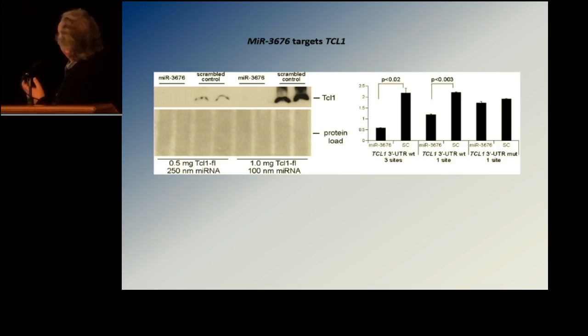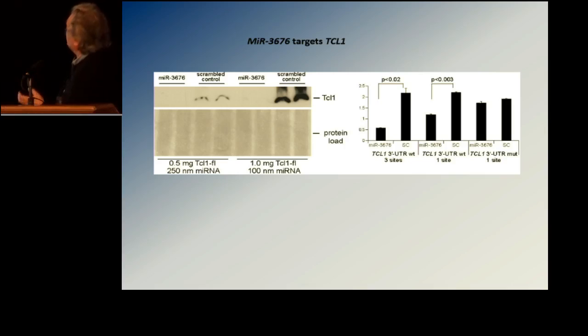So we did the luciferase experiment, and if you have a TCL1 which has the entire 3' untranslated region, you see that 3676 shuts down the expression of TCL1. If we erase two of the three sites of interaction of 3676 with TCL1, you see that you have less inhibition. And if you delete all three sites, there is essentially no difference, okay?